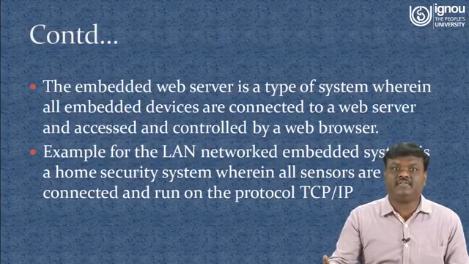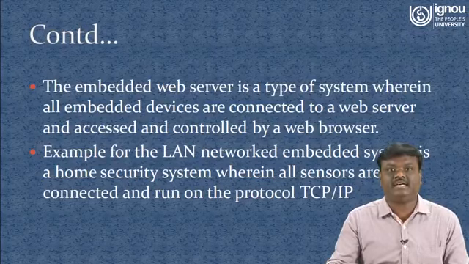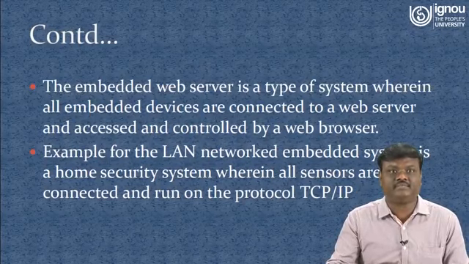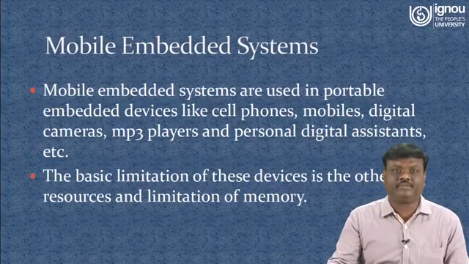The embedded web server is a type of system wherein all the embedded devices are connected to a web server and accessed and controlled by a web browser. An example we can quote here is a LAN network embedded system. A home security system can be a second example, wherein all sensors are connected and run on the protocol called TCP/IP.